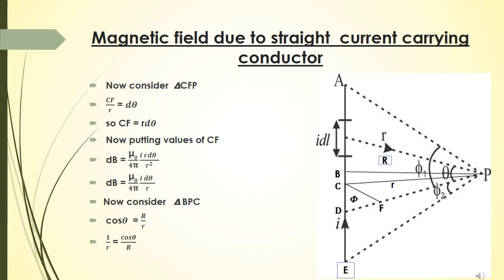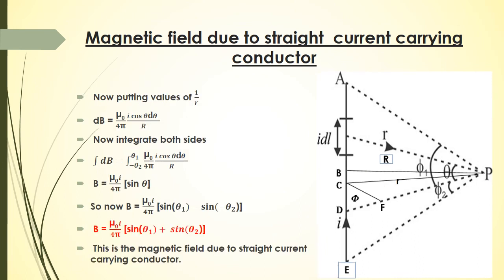So r cancels with r square, and dB equals mu naught upon 4 pi, I over r into d theta. Now how is small r related to capital R? For this relation, again consider triangle BPC. So cos theta equals capital R over small r, because cos theta equals base upon hypotenuse. So 1 over small r equals cos theta upon capital R. This is the value of 1 over small r.